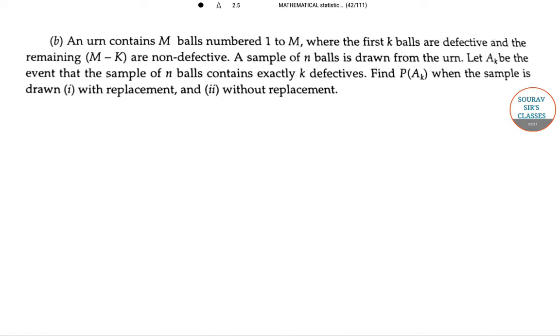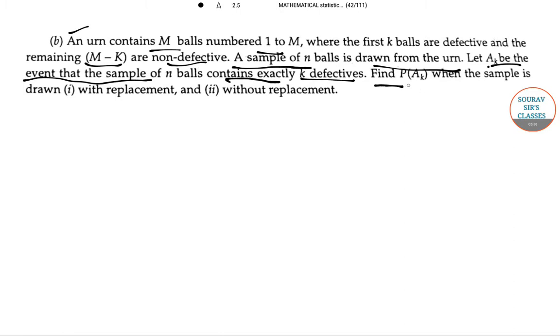So the second question goes like this: an urn contains M balls numbered 1 to M, where the first K balls are defective and the remaining M minus K are non-defective. Now a sample of n balls is drawn from the urn. Let A_k be the event that the sample of n balls contains exactly k defectives.